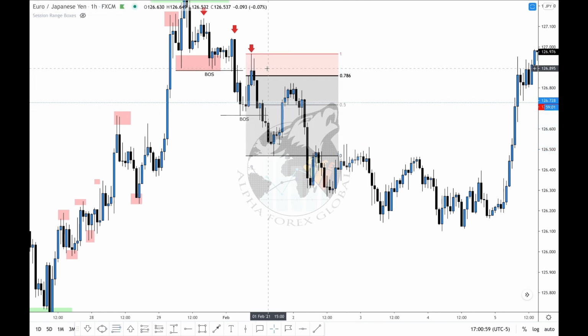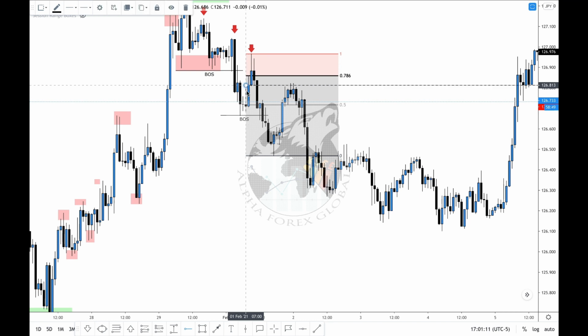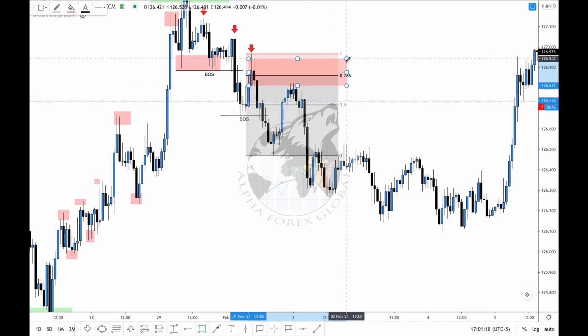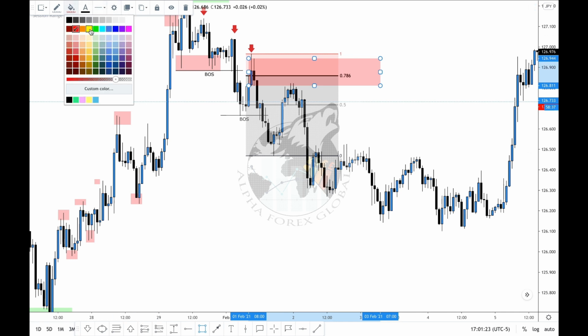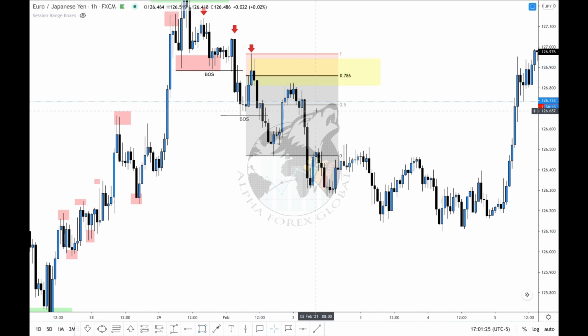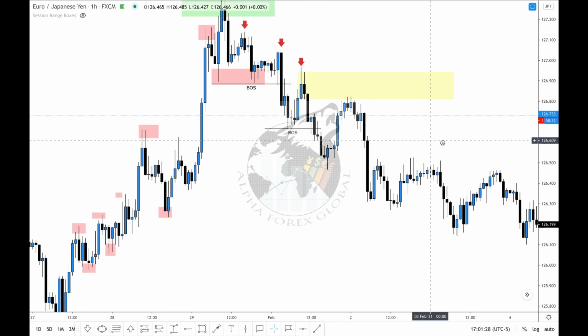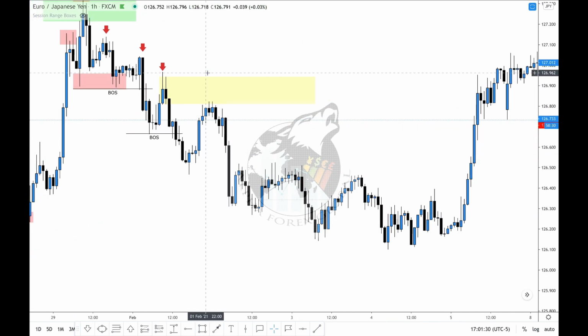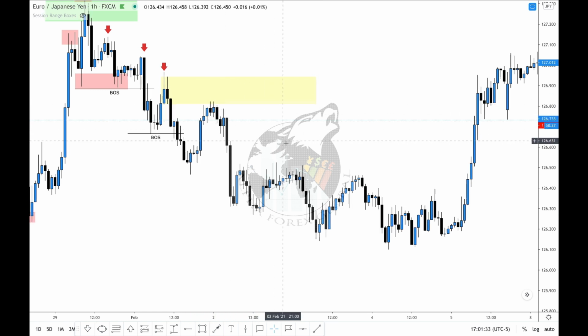We see that within premium price there is a point of interest right here, which is this. So we have this point of interest. Let me highlight that. So we have that point of interest, right? Now this is where we want the market to actually go back to.